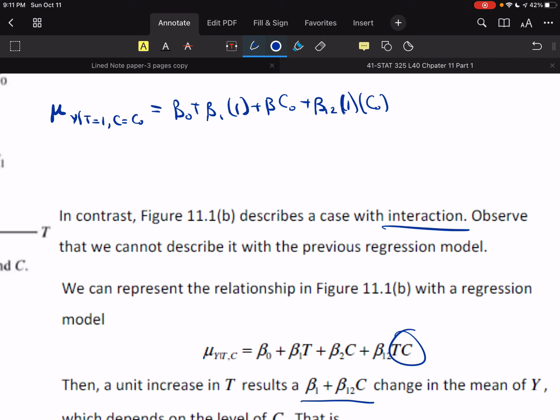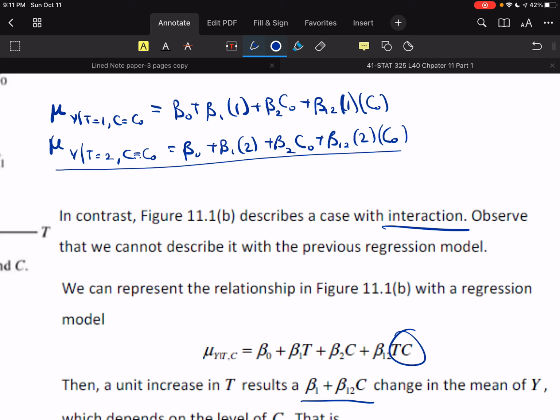Now, we increase t by 1. T equals 2, c still equals c0: beta naught plus beta 1 times 2 plus beta 2 c0 plus beta 1 2 times 2 and times c0.